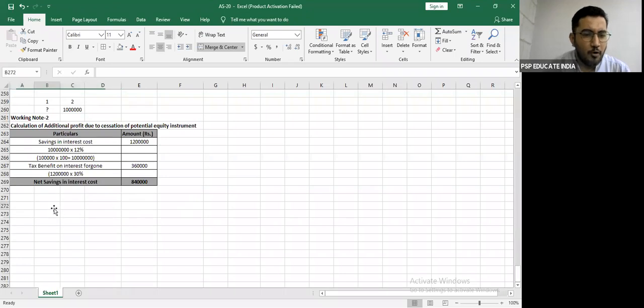Okay, now tell me, when will you get this savings of 8,40,000? After conversion or before conversion? Quickly on the chat box, when will you get the benefit of savings in interest cost? Will our money be saved after conversion or before conversion? Everyone agrees after conversion? Okay.